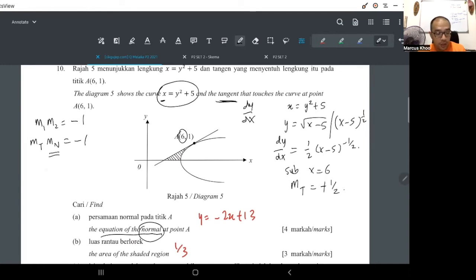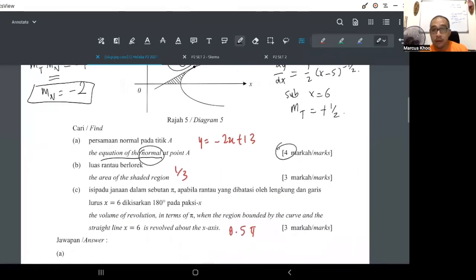Then you use this one, you will get the gradient of the normal equals -2. Then you have the gradient, you have the point, find the equation of the straight line. This one is a little bit more complicated because it's a 4-mark question. Usually a 4-mark question is a little bit more complicated, but it always starts with the same thing: dy/dx, always and forever dy/dx. So be careful with this.